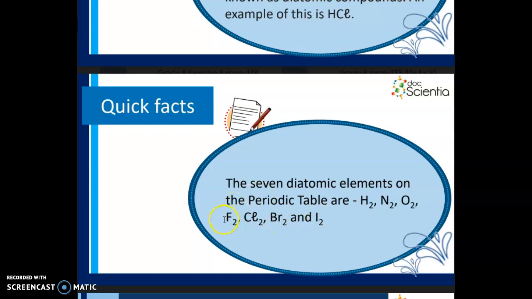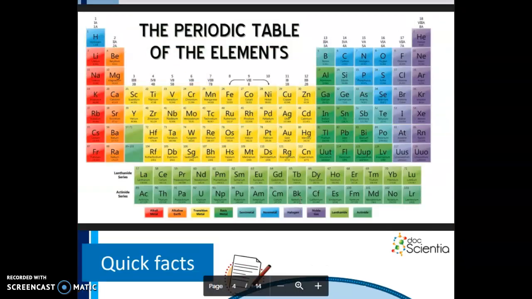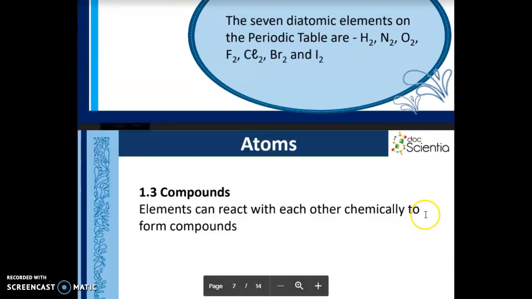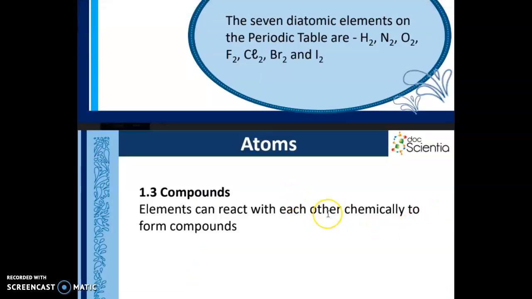Alright, so let me just show you where they are on the periodic table. So we have hydrogen over there, and then we jump over to nitrogen, which is another blue one, then oxygen, then fluorine, which is purple, chlorine, bromine, and iodine. So just remember this little pattern here. The 7 diatomic elements.